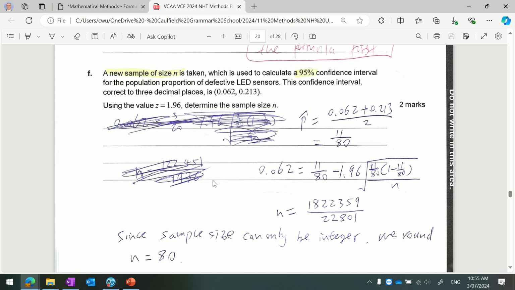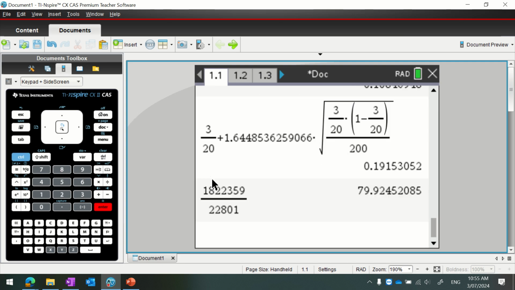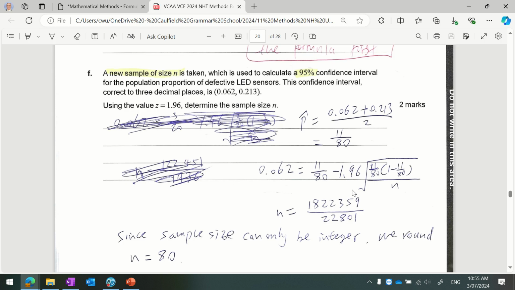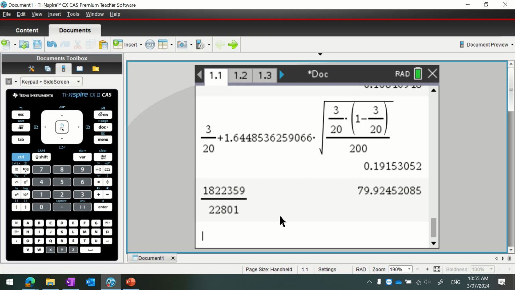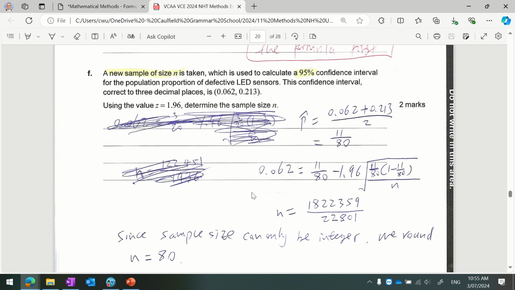Okay, so this is what you need to do really. This answer is 79.9245. So you have two choices. N can be either 79 or 80.